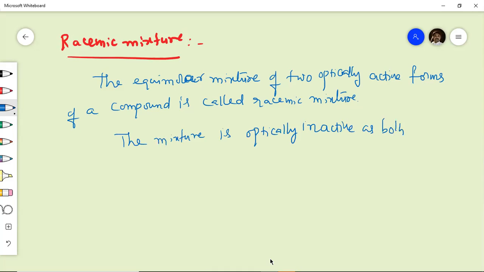Both the forms neutralize the effect of one another.